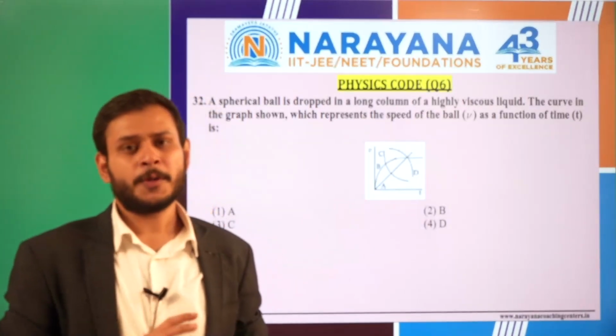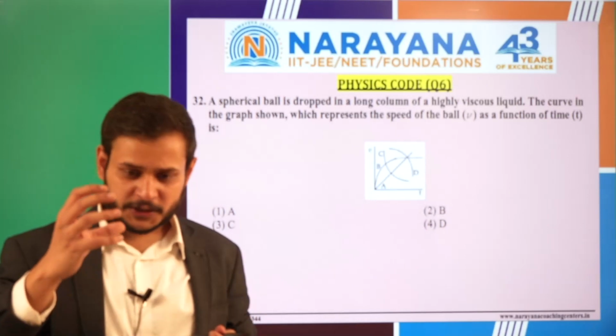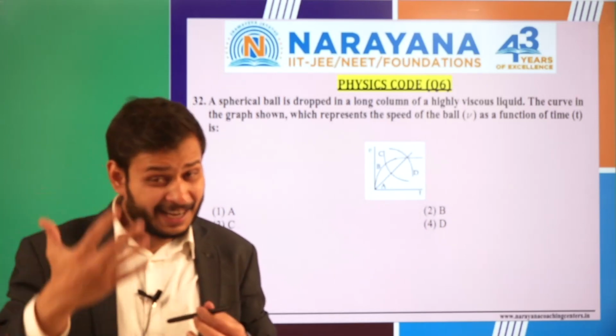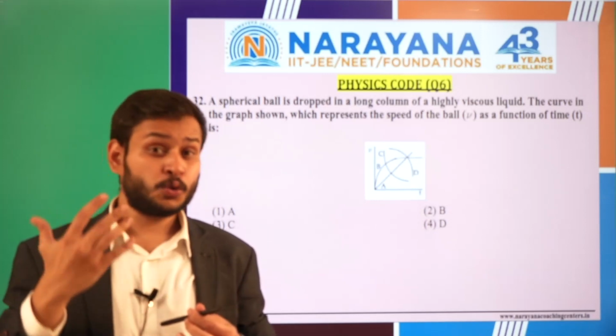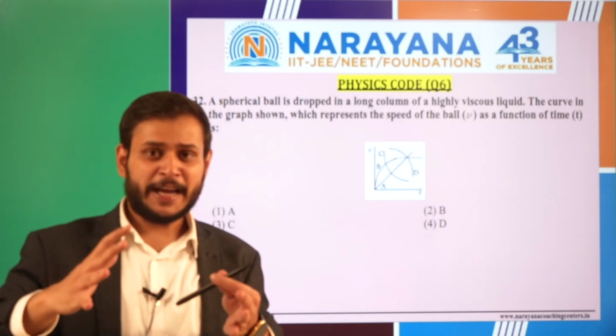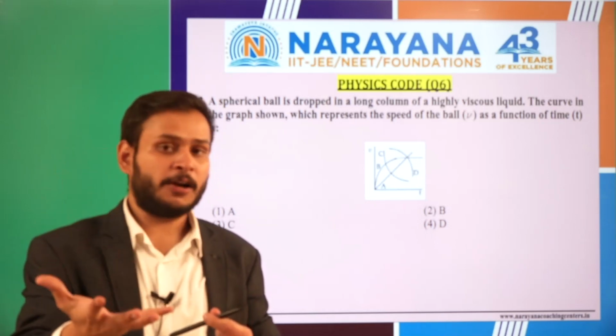As we know, whenever we drop a spherical ball in a viscous liquid, there will be a drag force based on Stokes law. So the velocity initially increases and after some time it attains a terminal velocity.